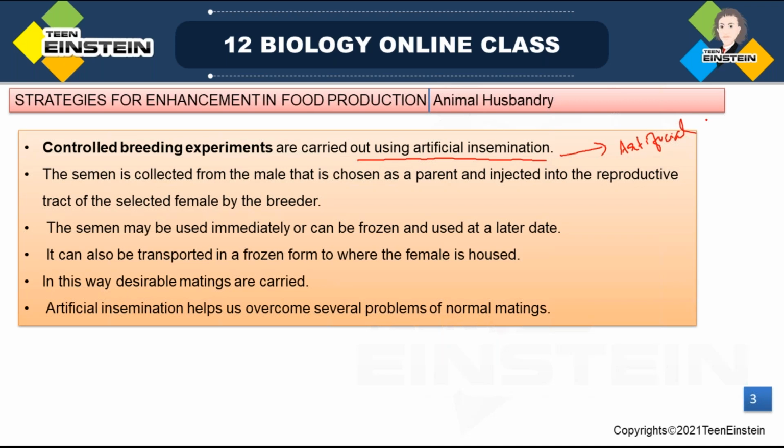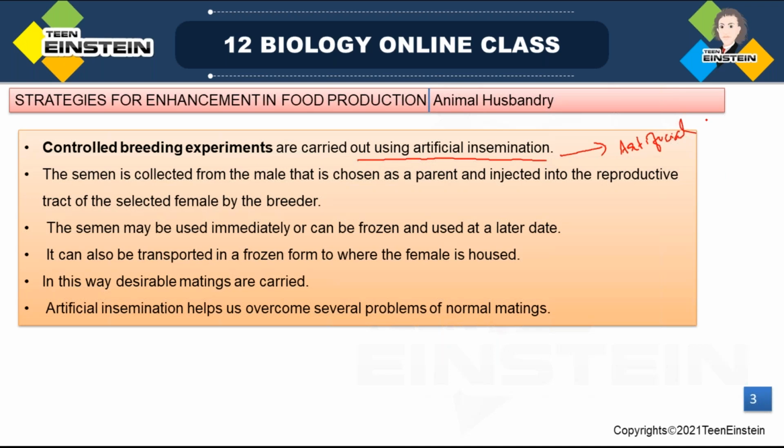In the artificial insemination method, semen is collected from the selected male parent. First, we need to select the male parent and female parent. On what basis are you going to select them?